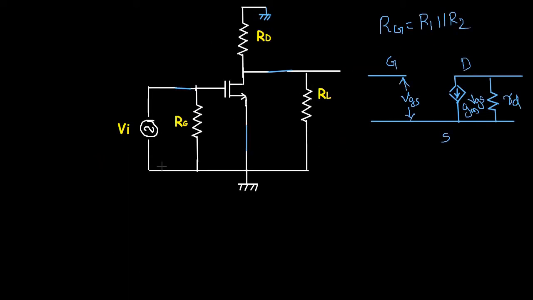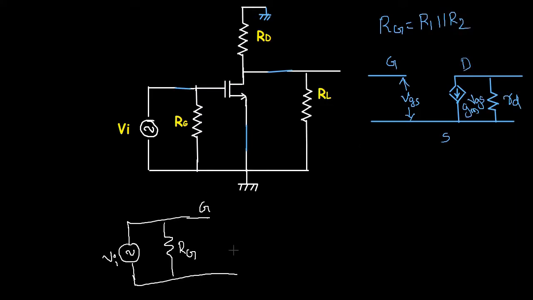First I am drawing the input voltage Vi, then the input resistance Rg, then the small signal model of the MOSFET.